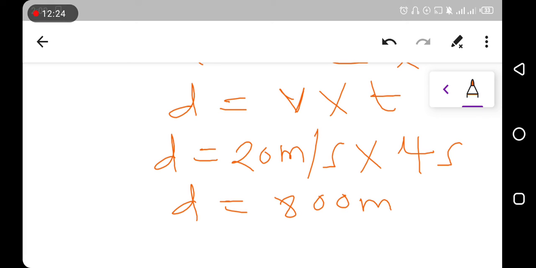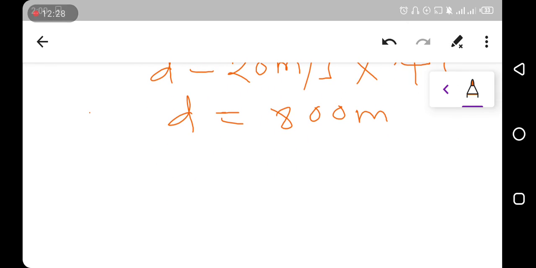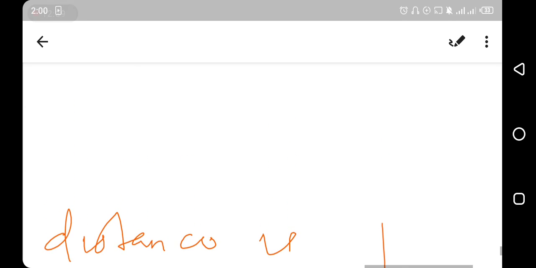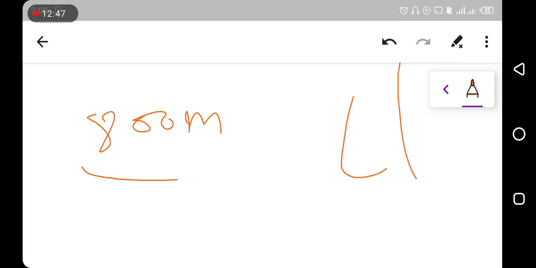So this is meters. Therefore the distance is about 80 meters. So this is your answer.